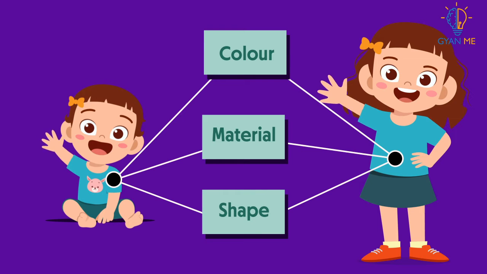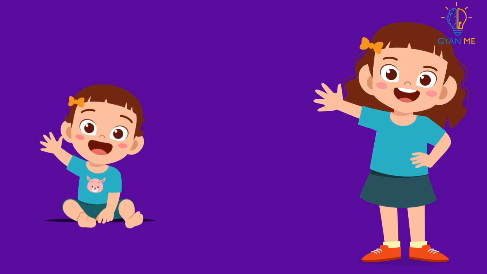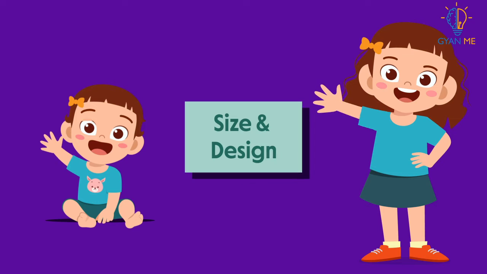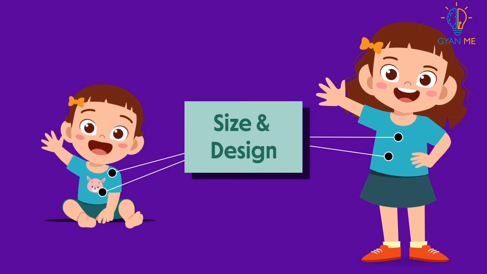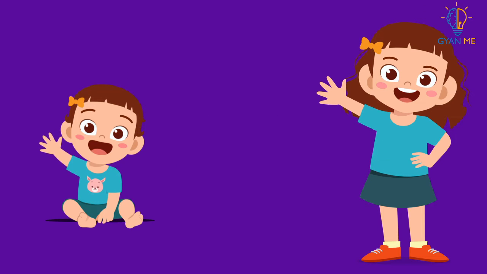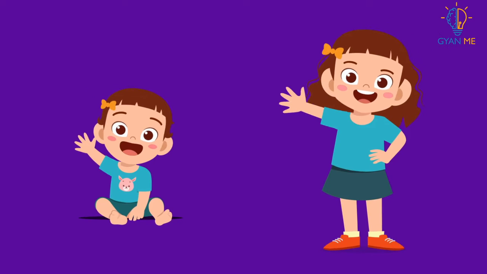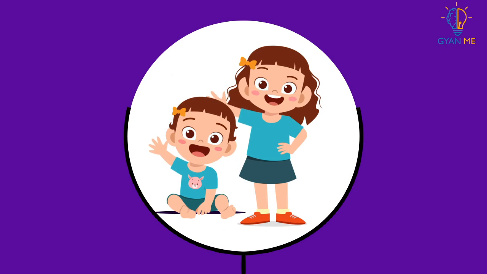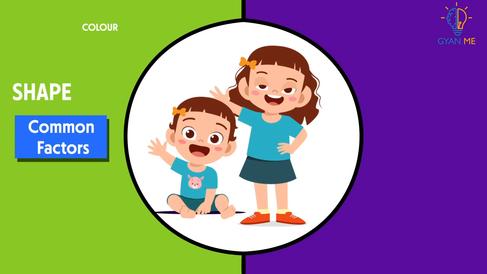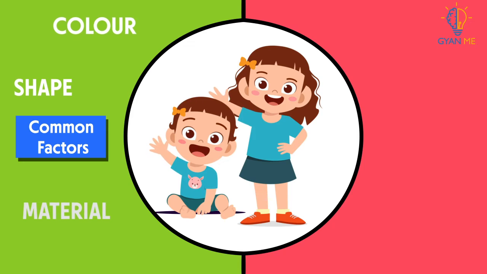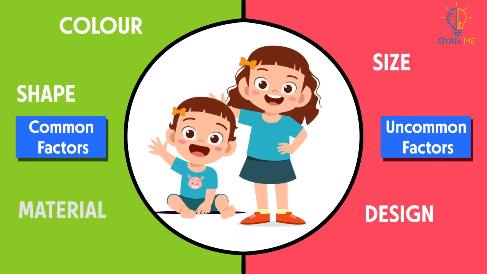But if you observe carefully, they still have differences. Their size and design are different. So we can say that similar, in general, means that two figures or two objects will have some things in common, but will also have some differences.